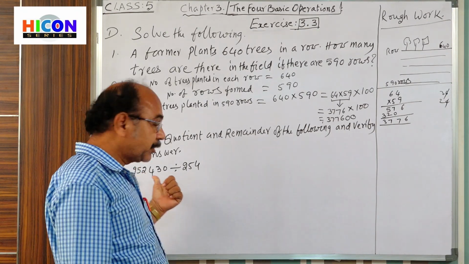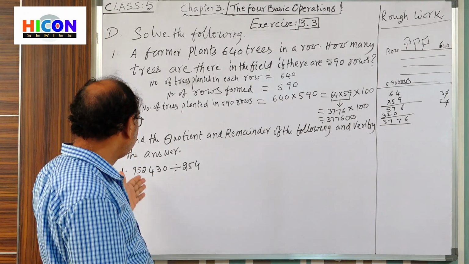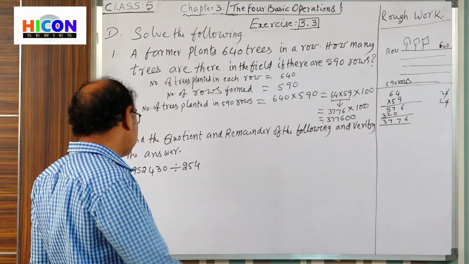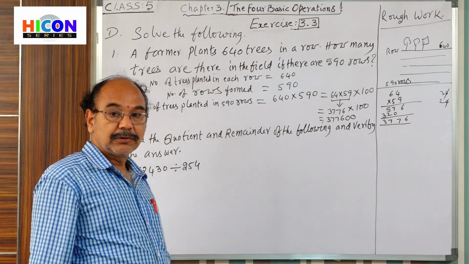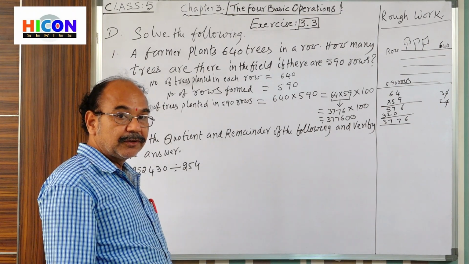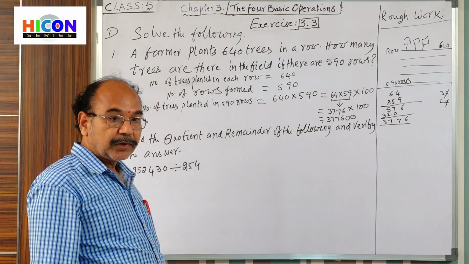Okay, in section E, the first one I am taking, and through this division, I will show you the actual division, and after completion of the division, we can write the quotient and the remainder.